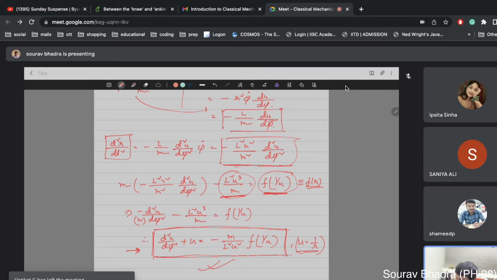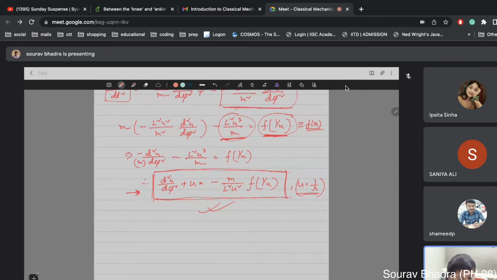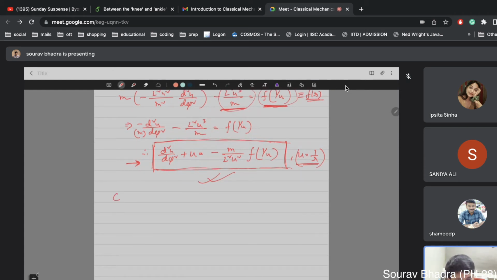Now, all other theoretical background we will do in the next class, because you have to know about the equation of conic section that sir will cover, I think. And now we will go to some problems on the center of mass frame. It is a very important thing in physics. For the two body problem, you can see r1, r2, r.